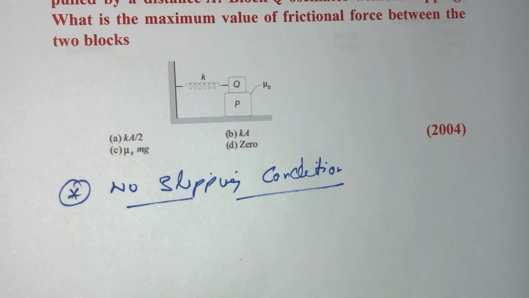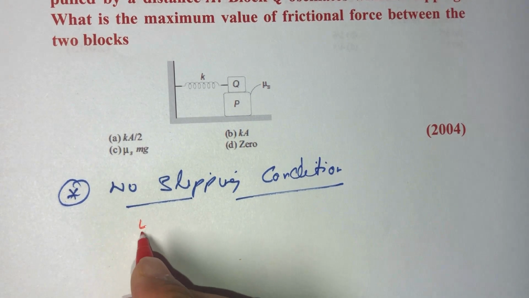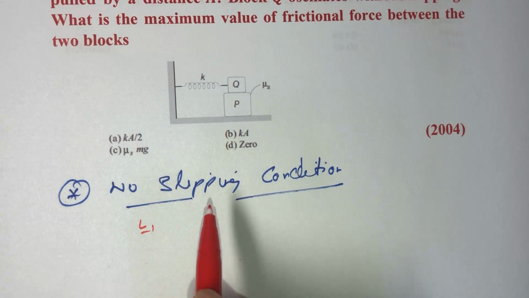It says that block Q oscillates without slipping.